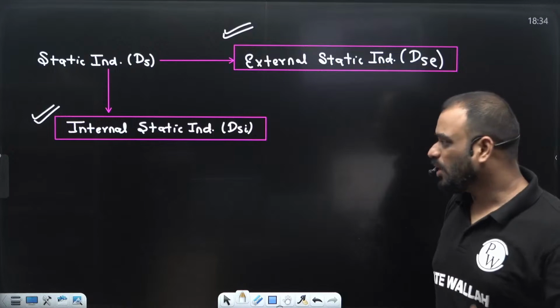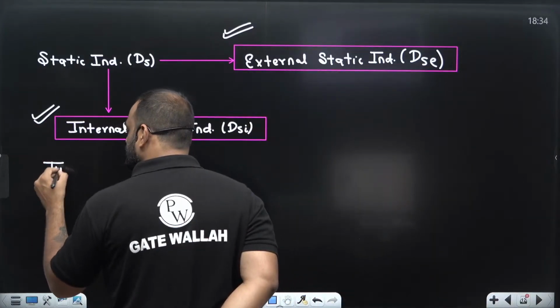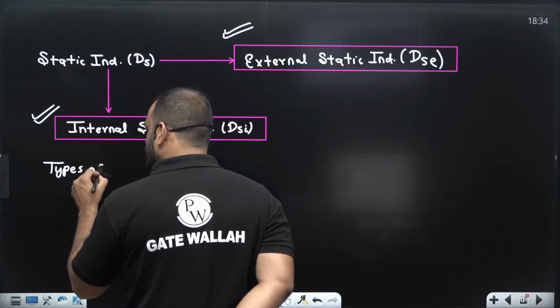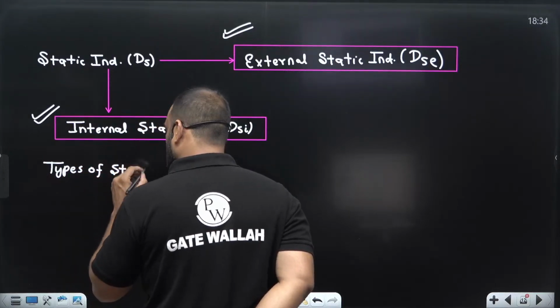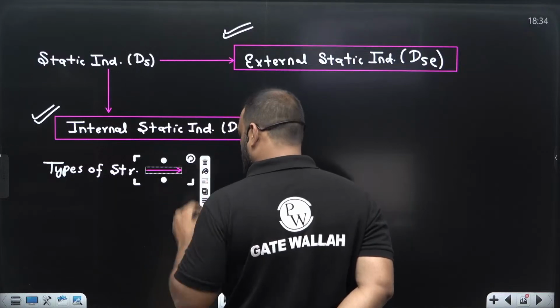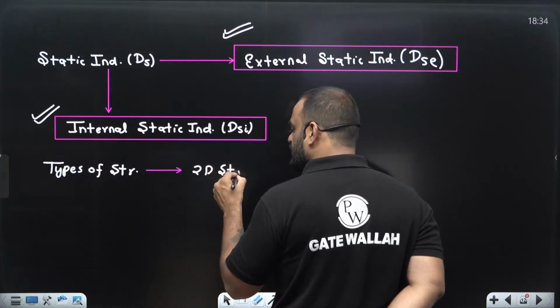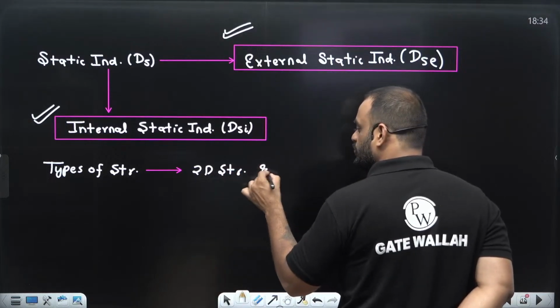And what are the various types of structure we'll consider? Let me explain. We'll discuss both types of structure on the basis of dimension, 2D structure as well as 3D structure.